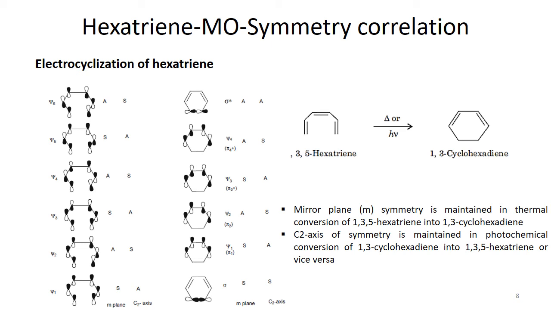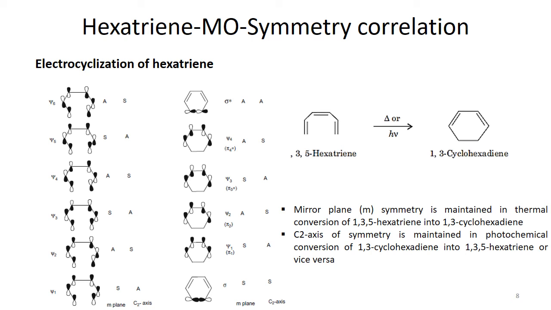When we carry out symmetry operations on these molecular orbitals, we see that with the mirror plane this one is symmetric, and for psi1 this again is symmetric. Once we have written these designations of the molecular orbitals as symmetric or asymmetric, we have to find out which correlations are possible.